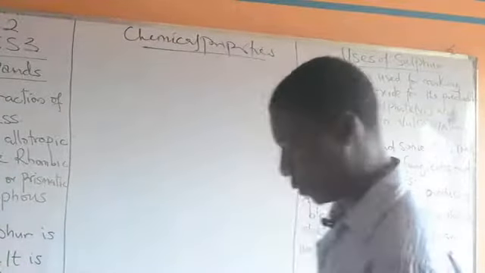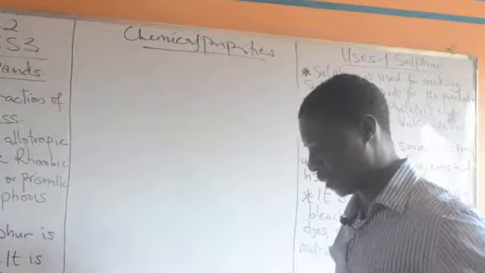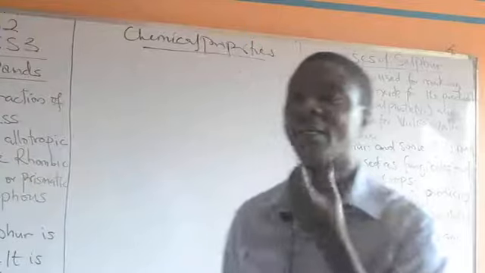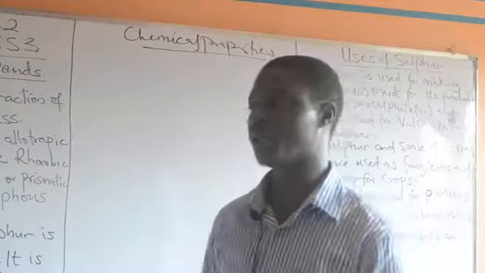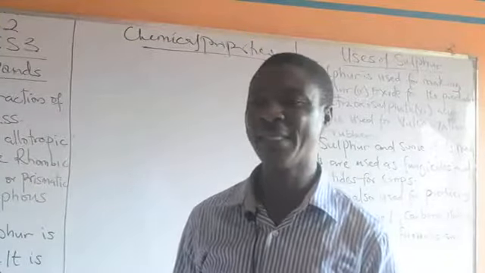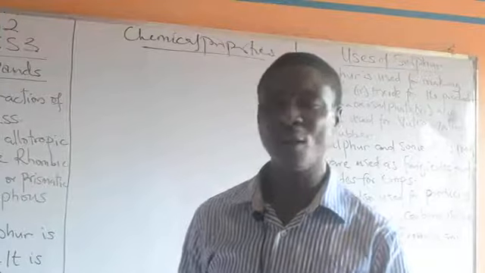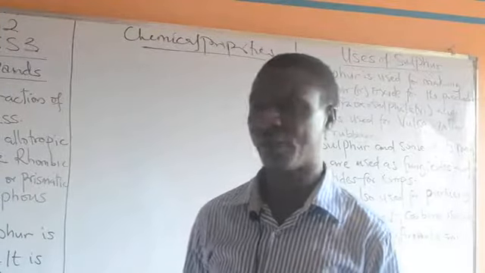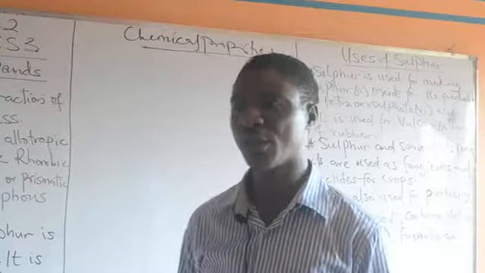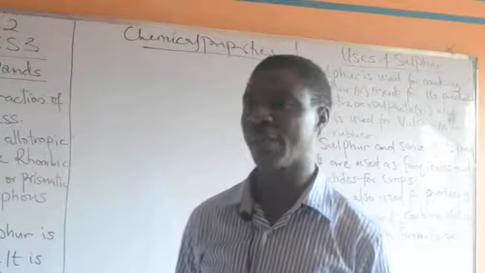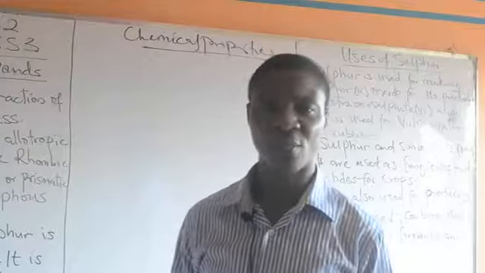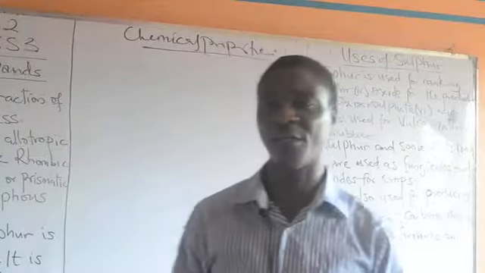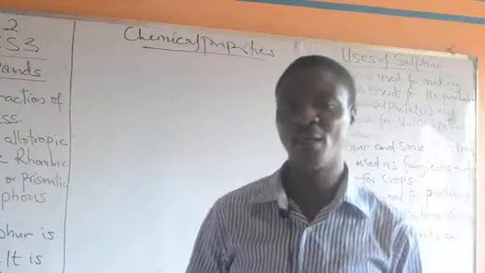So the first one we are going to look at here is that, I told you before that sulfur is a non-metal and it has 6 valence electrons in the outermost shell, and it has the ability of combining or reacting with a metal. Let's say for example group 1 metals or group 2 metals. Yes, sulfur can react with them through the process called electrovalent combination, which involves the transfer of electrons from a metal to a non-metal.